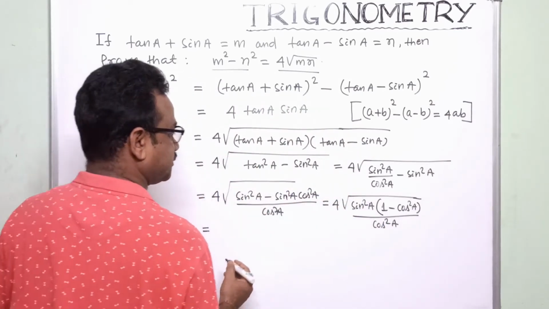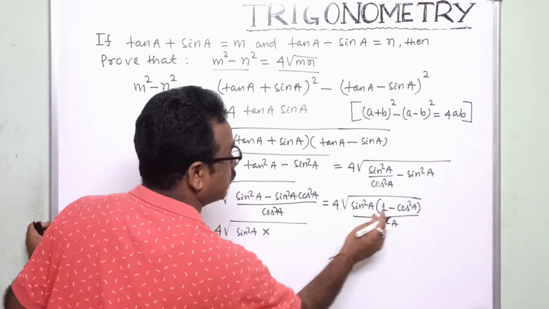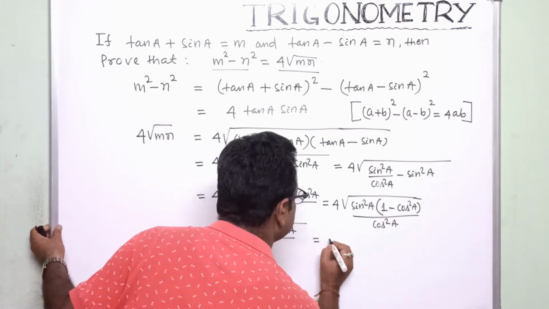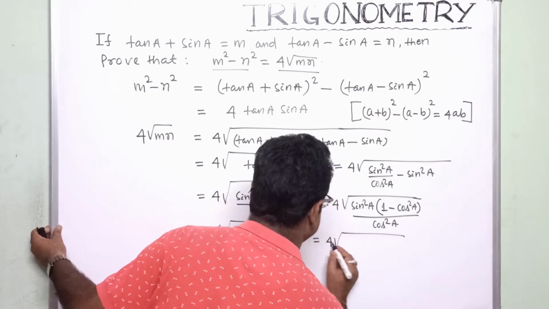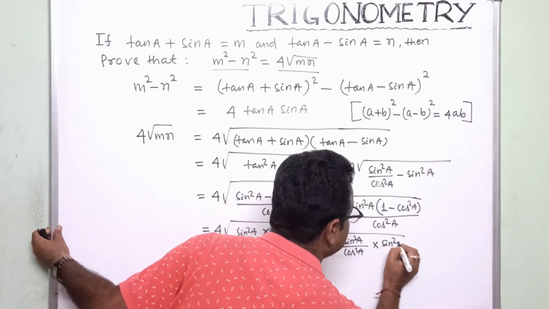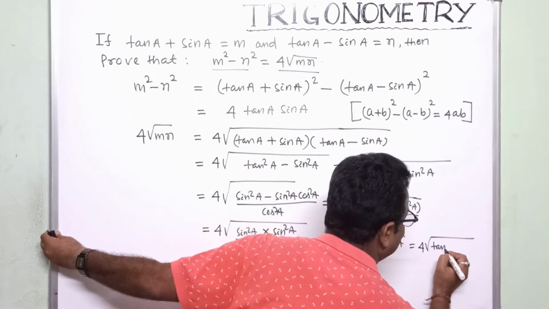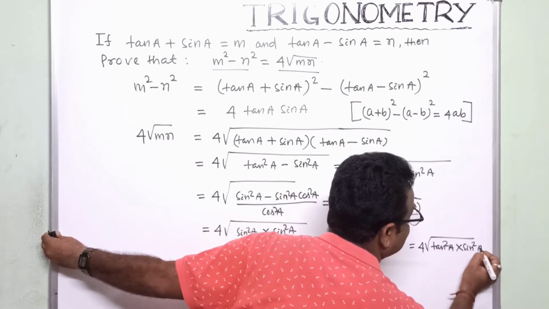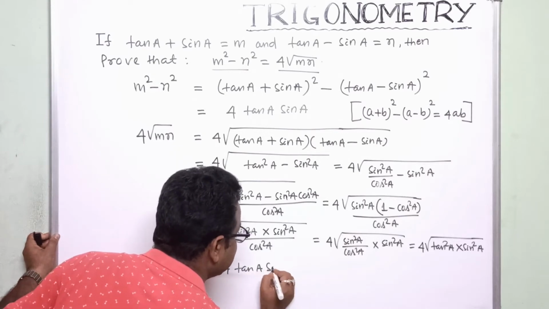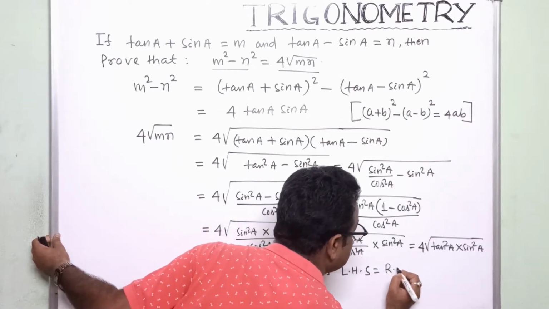Okay, that is equal to here 4 root over sin square A into (1 minus cos square A), sin square A by cos square A. That is equal to 4 root over sin square A by cos square A into sin square A. Okay, so that is equal to your 4 root over tan square A into sin square A. That is equal to your 4 tan A sin A. Thus LHS is equal to RHS.